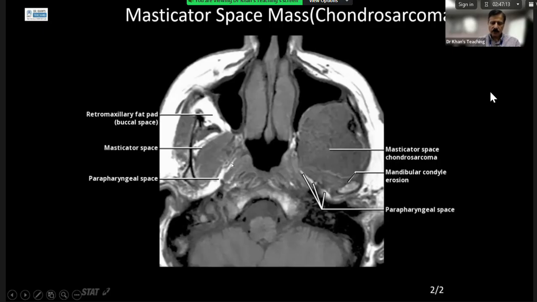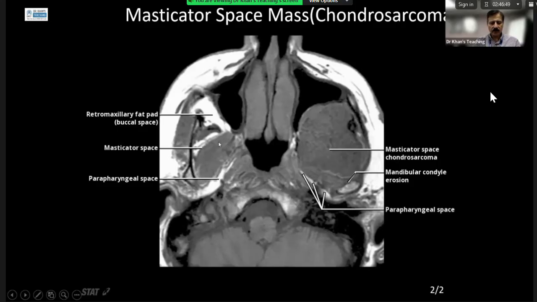So the parapharyngeal space is one of the key spaces to reach a conclusion of what is happening, which space the mass or the tumor is in. The parapharyngeal space has fat, which is high in signal intensity on T1 as well as T2 weighted sequences. This is normal.